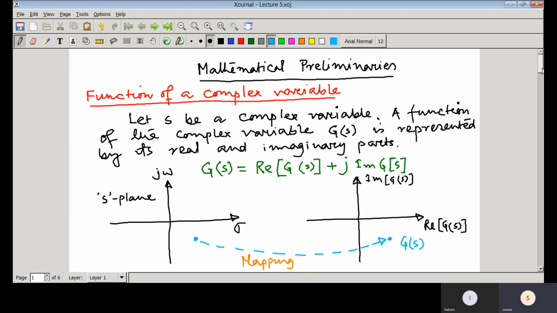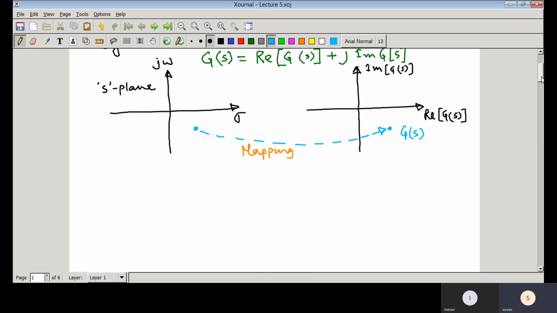Now two definitions should come here. One is called single valued function, and the other is called one-to-one mapping.